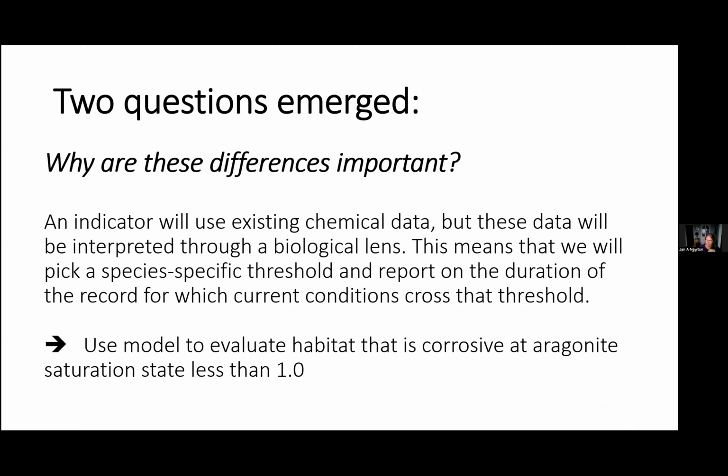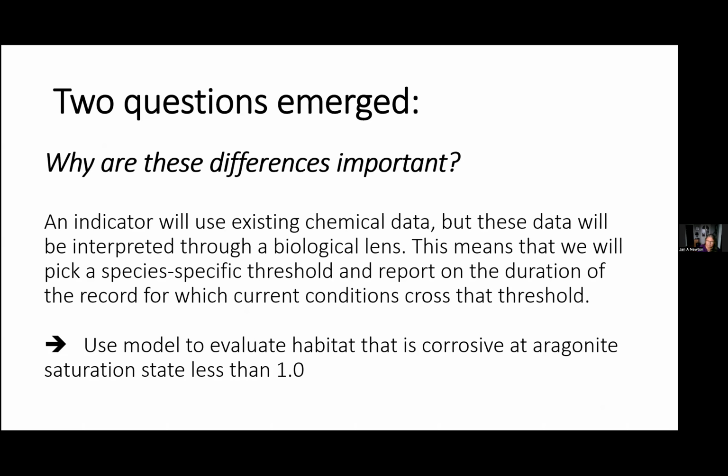But as this has evolved, we're more using the model data to evaluate habitat that's corrosive at aragonite saturation state less than 1. But it is flexible to find different values if you do want to take the species-specific approach.